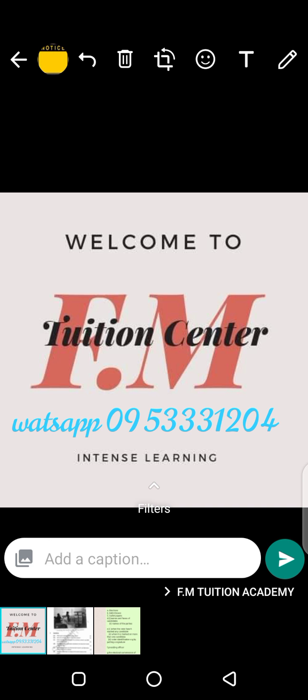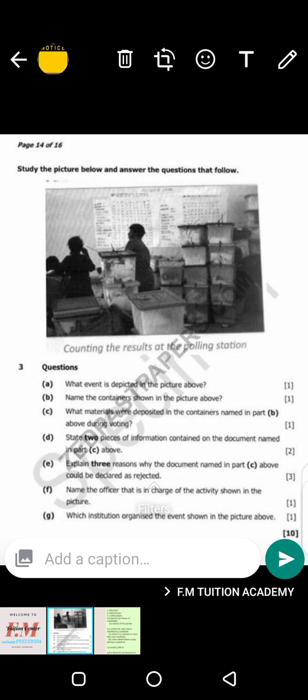So let's go into an exam paper for the grade 9s. This is an exam paper. The exam question says, study the picture below and answer the questions that follow. Just by looking at it, you can tell that this picture is showing a polling station.